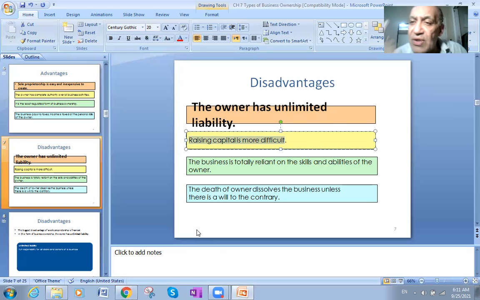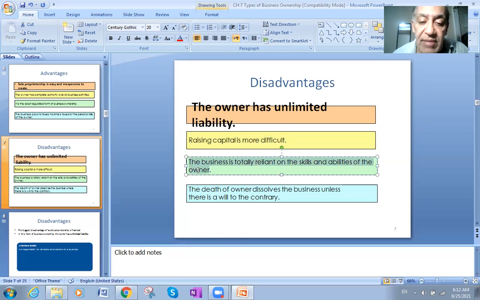They know that you are a sole business. You are not a corporation. At least they will give you just a limited amount of money. For that reason, the ability to expand in the sole proprietorship is very low. The ability to expand is very limited. Okay.